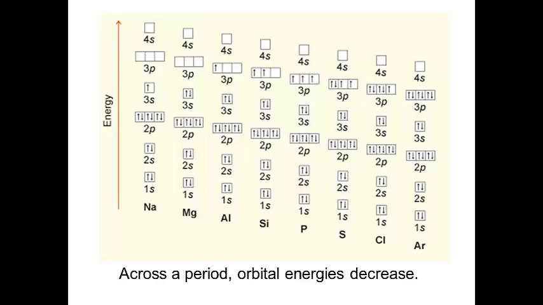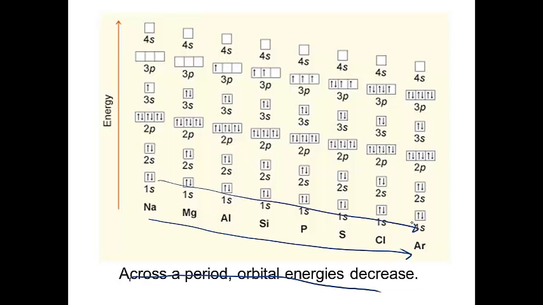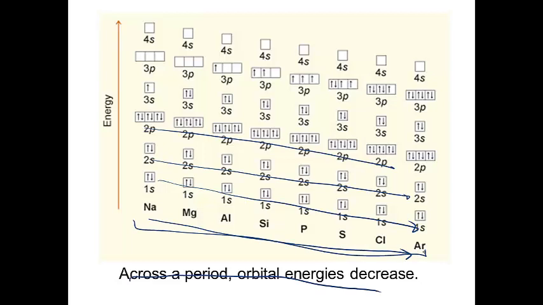Going across the periodic table, what we see is that orbital energies decrease. So as we go from sodium over to argon in the third period of the periodic table, the energies of each orbital, the 1s orbitals decrease as you go across, the 2s orbitals decrease, the 2p orbitals decrease, etc. And this particular chart will be useful for a number of things as we move through this section of the chapter, because it shows both the relative orbital energies as well as the occupancy of the orbitals.